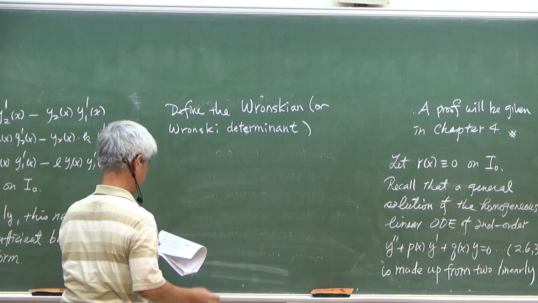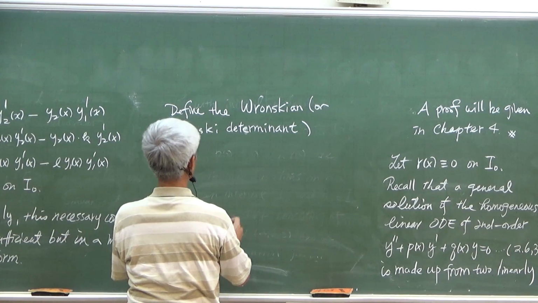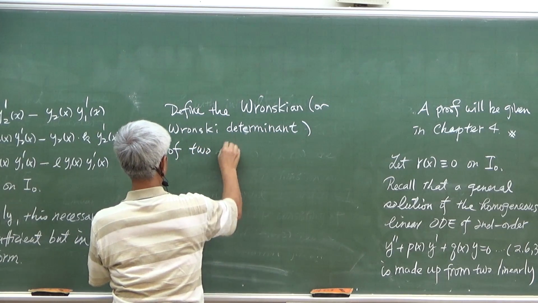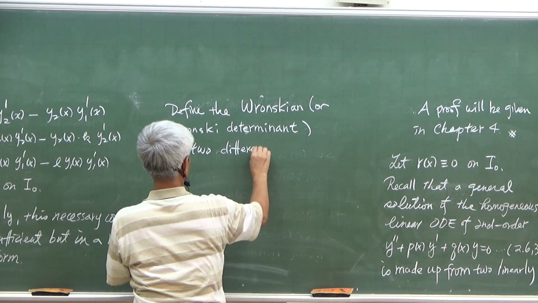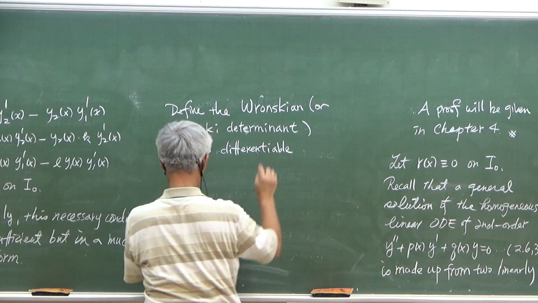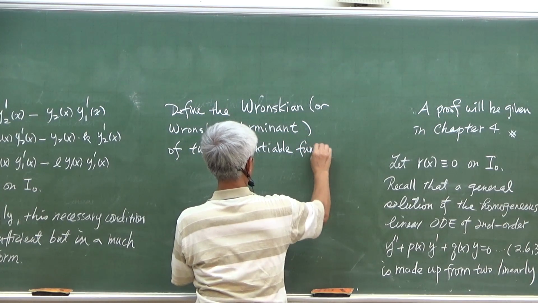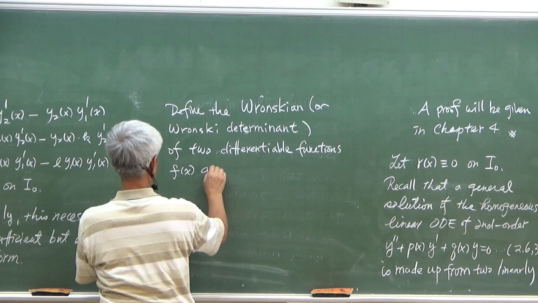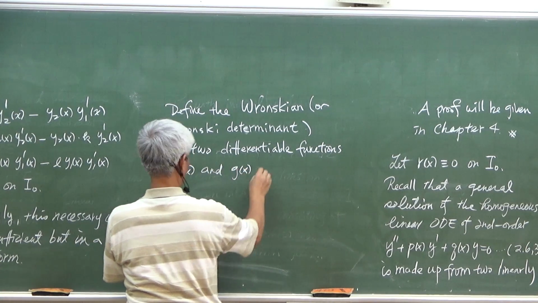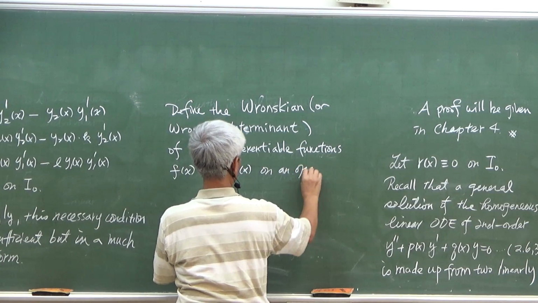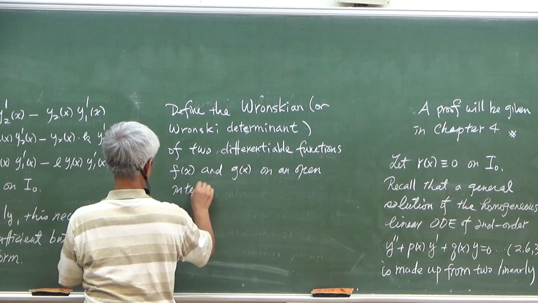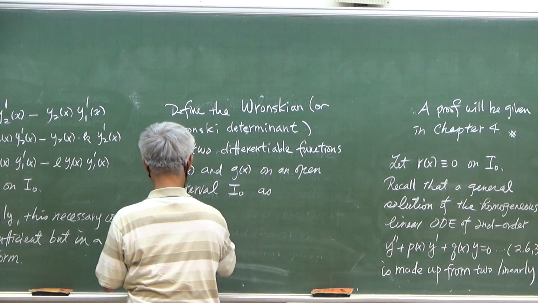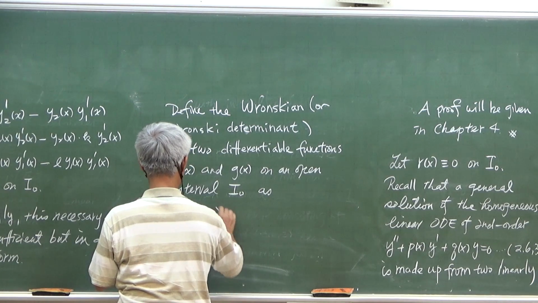Alright, so define the Wronskian of two differentiable functions f of x and g of x on an open interval I0 as W(f, g).